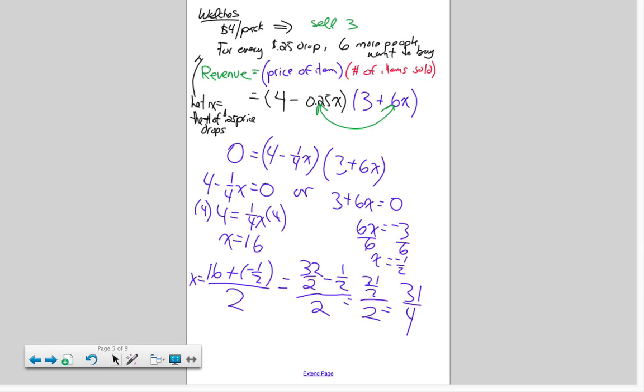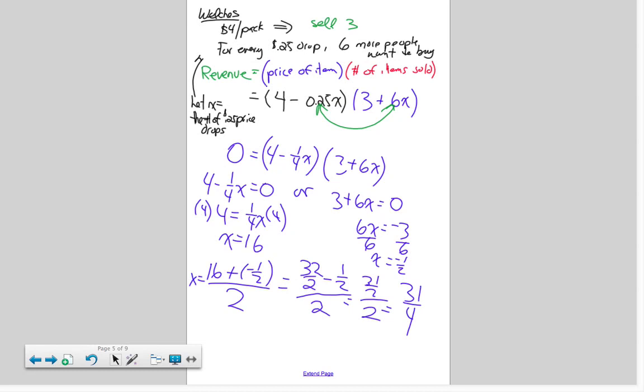So what's x roughly here? 31 divided by 4? Roughly around 8. 8 times I need to reduce by 1/4, right? Remember what x stood for?